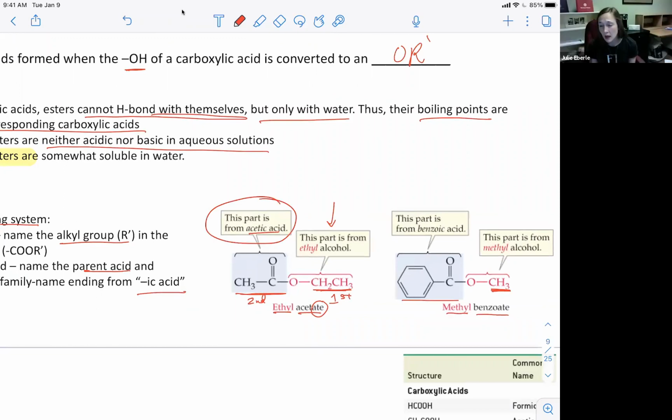So this is not acetic acid, okay? What they're doing is they're taking this part that's highlighted in blue and they're saying, okay, how do we name this part? So again, esters are always formed from carboxylic acids. So the carboxylic acid that looks very similar to this is this right here. This is the carboxyl group. That's what makes it a carboxylic acid.